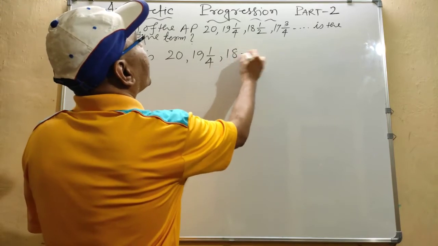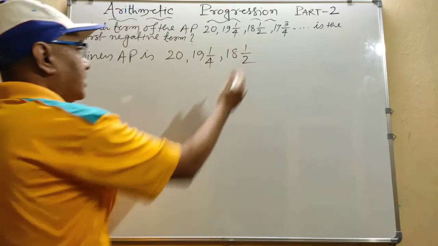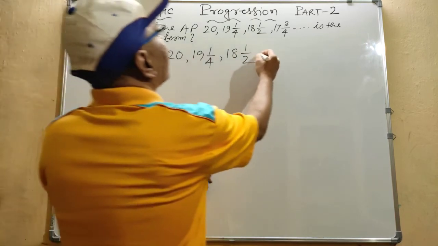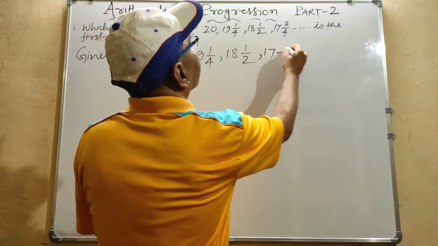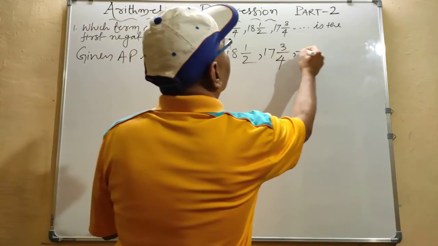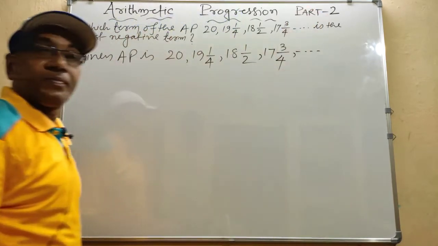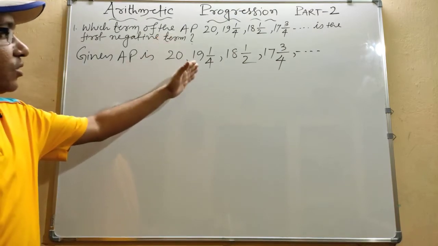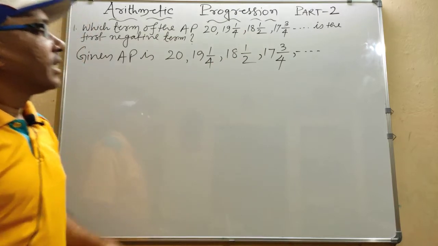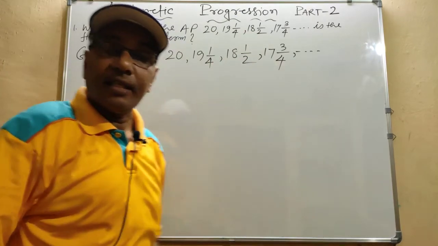Then the third term is 18 1/2. Obviously it is less than 19 1/4. Again it is less than 18 1/2. It means it is going on decreasing: 20, 19 1/4, 18 1/2, 17 3/4. This is going on decreasing.